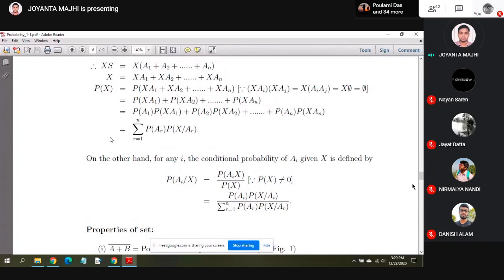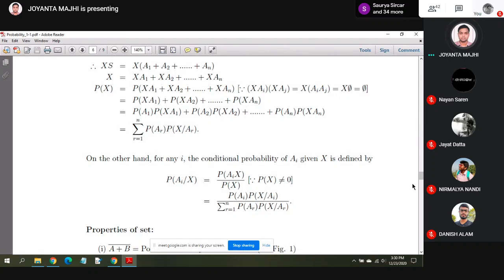Okay, therefore probability of x is equal to the summation of probability of A_r into the conditional probability of x on the hypothesis that A_r has happened, where r is taken from 1 to n.